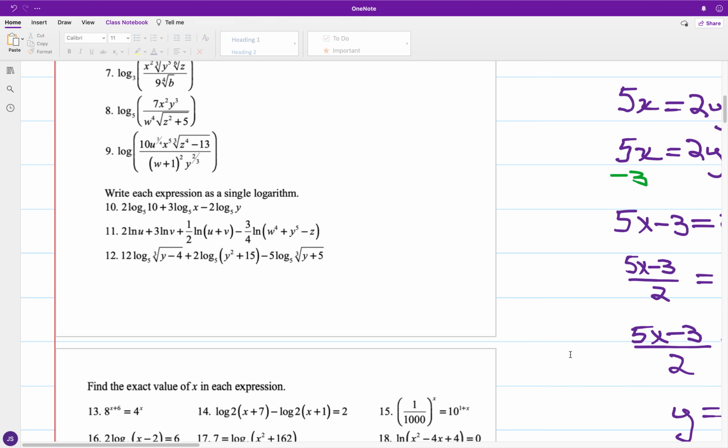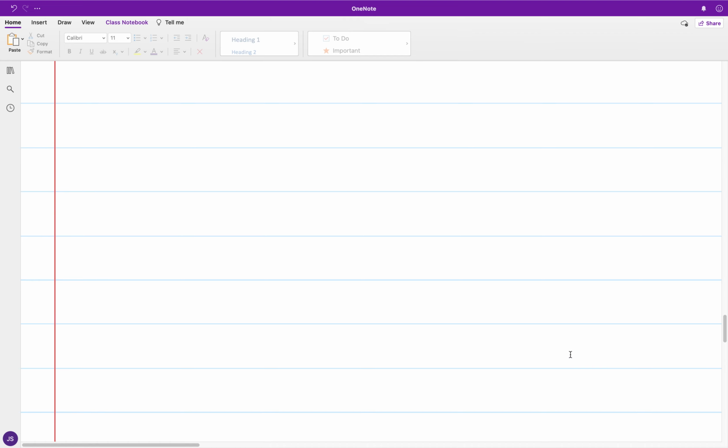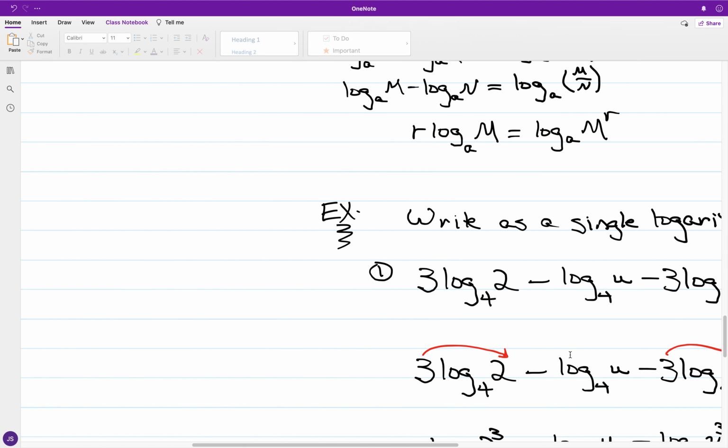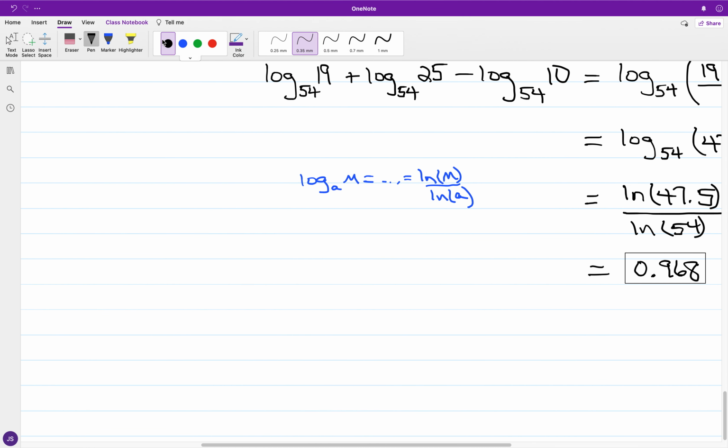So for what we have in the case of number 10, I have 2 times the base 5 logarithm of 10 plus 3 times the base 5 logarithm of x minus 2 times the base 5 logarithm of y.